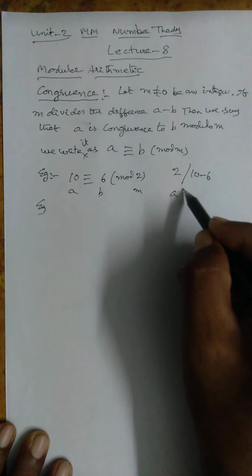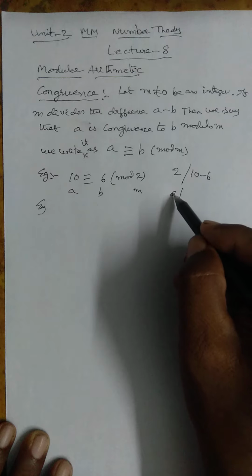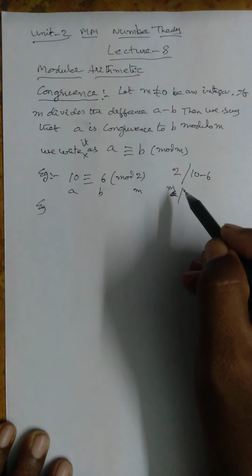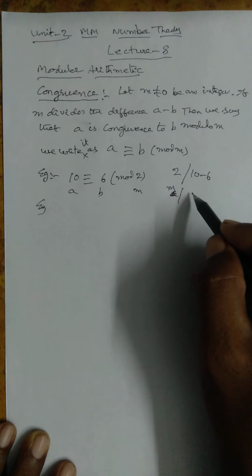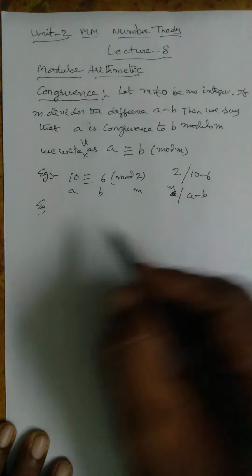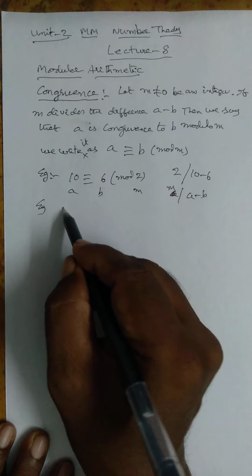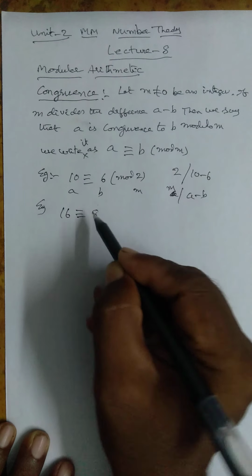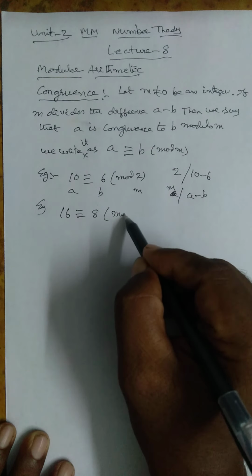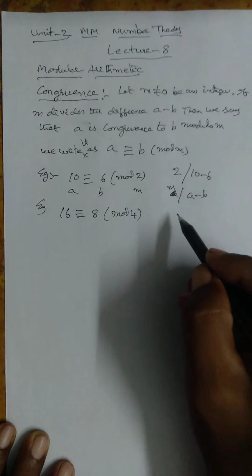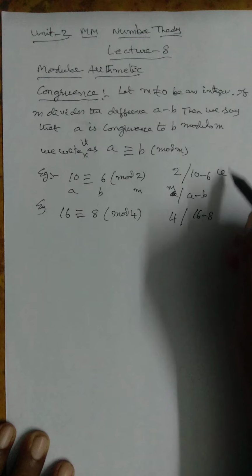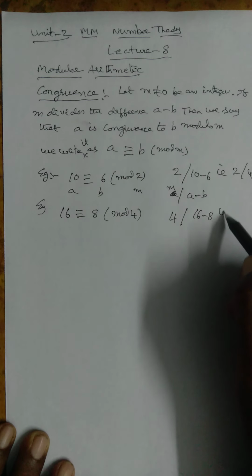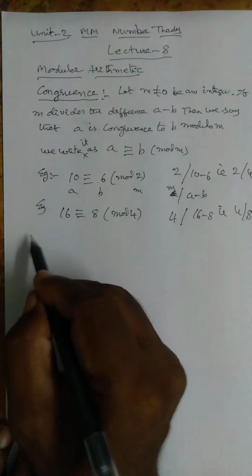So m divides a minus b. Another example: 16 is congruent to 8 mod 4. 4 divides 16 minus 8. 4 divides 8.